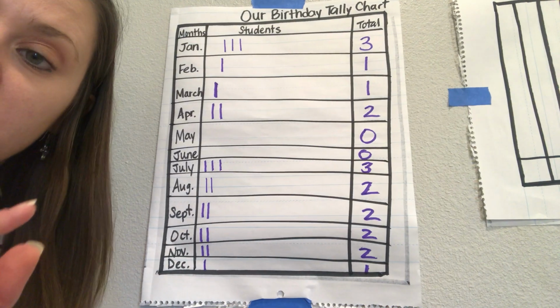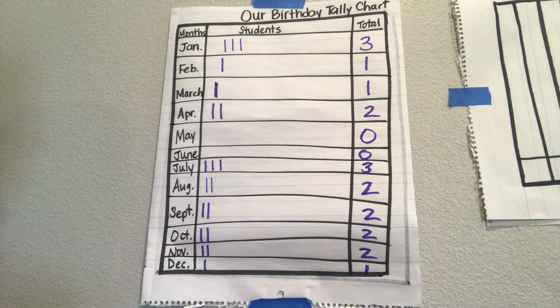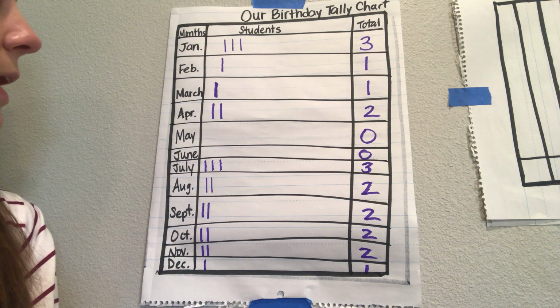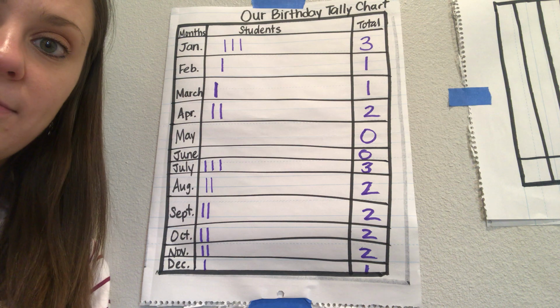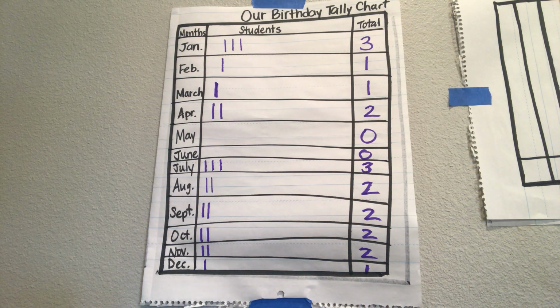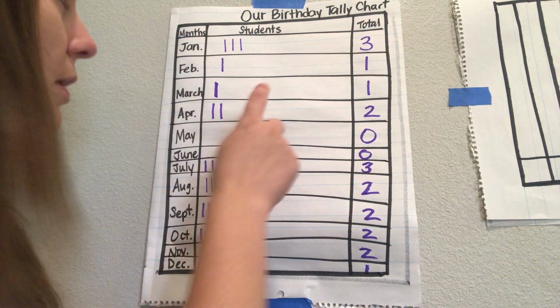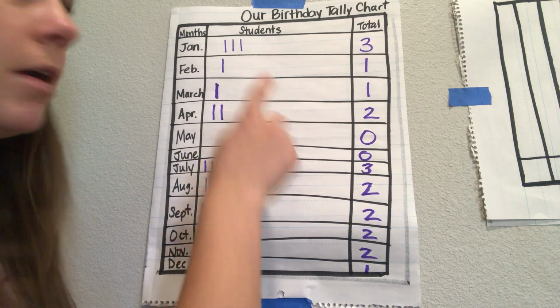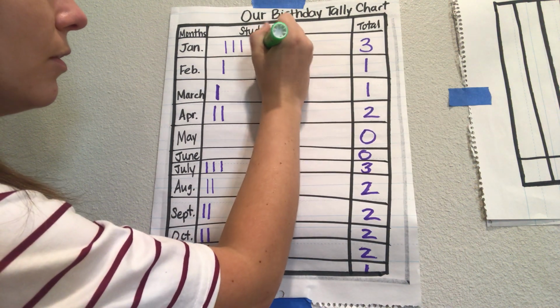Here's a little bit of a tricky question. You're going to have to do some math for this one. How many students have a birthday in January and February all together? So to solve this problem, you would need to find January and February right here, and you would need to add these together.